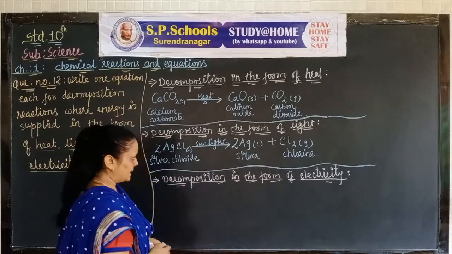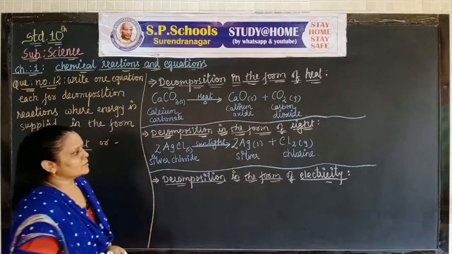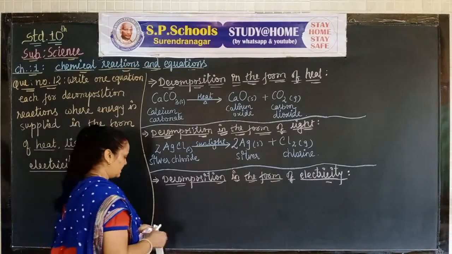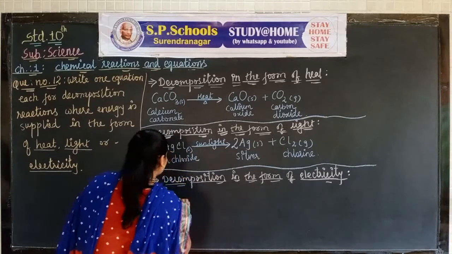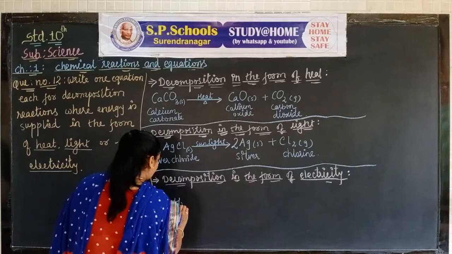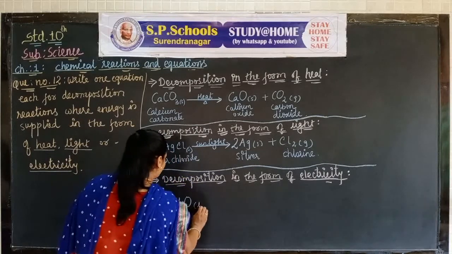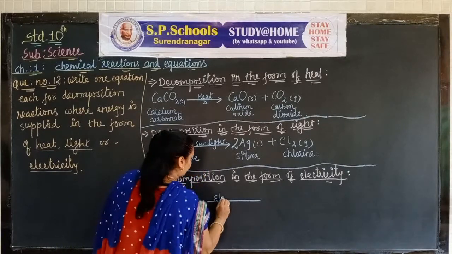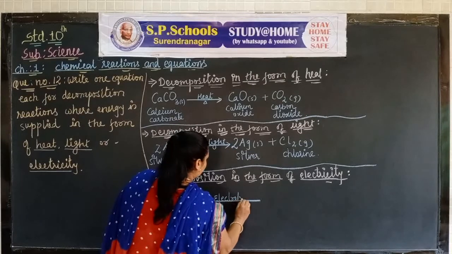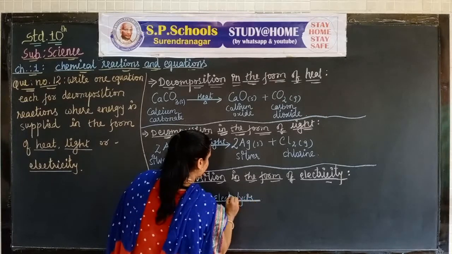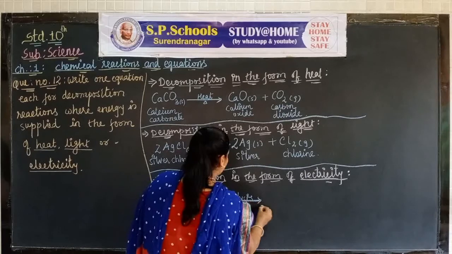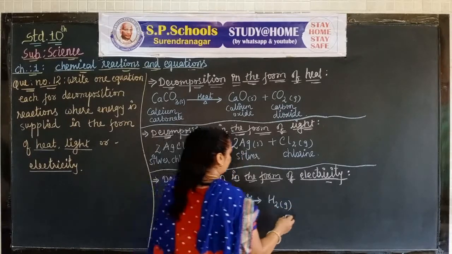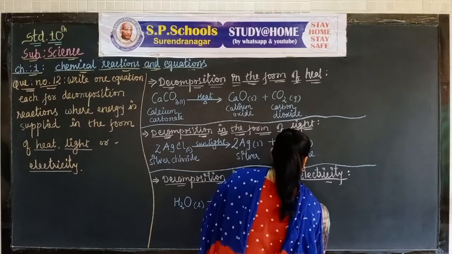Write equation for electricity. We know about electrolysis of water. So write about electrolysis. H2O, water, electrolysis can occur in formation of two gases, hydrogen and oxygen.